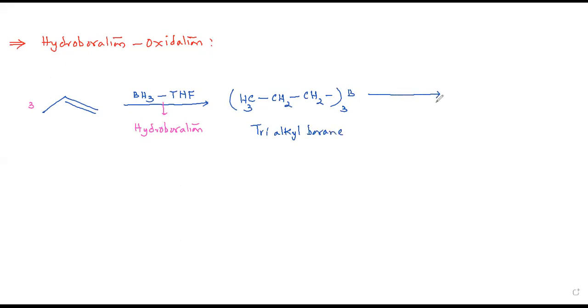Now this trialkyl borane in the second step, that is oxidation, gives the final product. Look at the product. Of course, along with that we get borate. Now this is meant for oxidation. So hydroboration and oxidation.